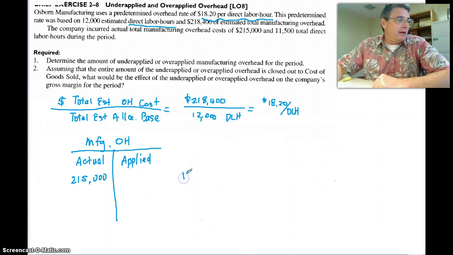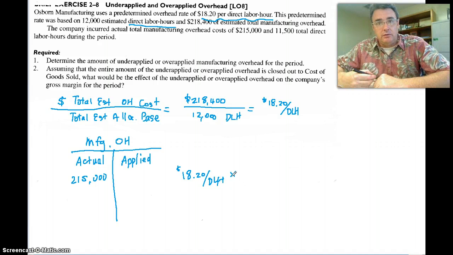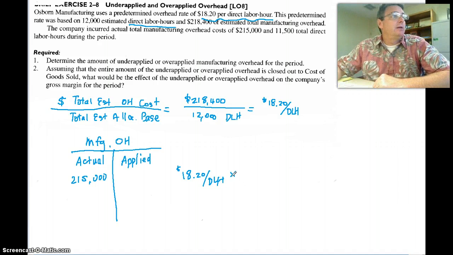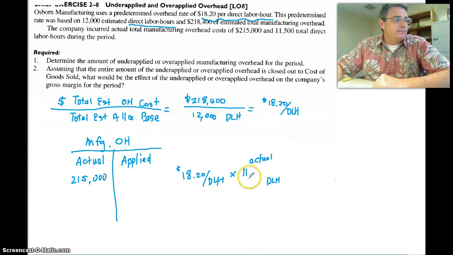So let's begin with our $18.20 per direct labor hour, and we're going to multiply that by actual total direct labor hours during the period, 11,500.